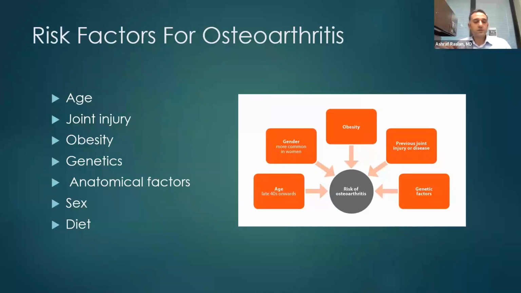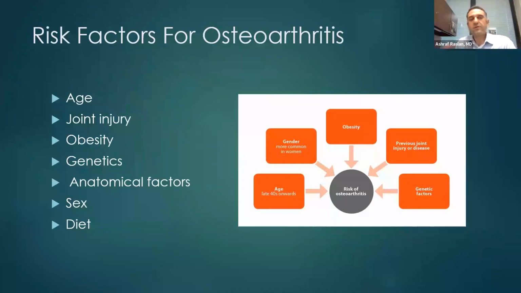Another thing that is very important to keep in mind is diet. We get asked a lot about diet, and there is no diet for arthritis, and there is usually no diet for inflammation in general. But eating a more simple, healthy, balanced diet is what is proven to help decrease the progression and the incidence of osteoarthritis.